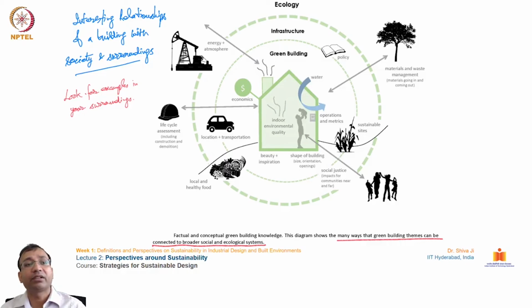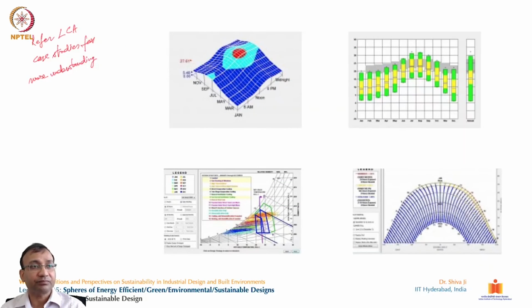There is also a factor of social justice, like how people are empowered, how we are sourcing local and healthy food, and how we can reduce indirect emissions by not using so many resources sourced from far away places or other countries, the life cycle assessment of different objects, and using local transportation, and again the energy and atmosphere relationship. Any building is related to the infrastructure next to it, and that infrastructure is directly related to the ecology of that place.